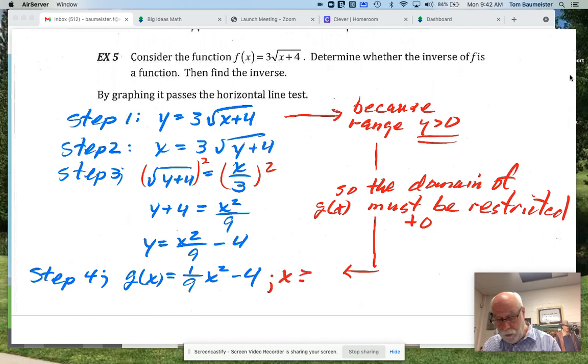So x has to be greater than or equal to 0. Because remember, this was our range, but when we did the inverse, it now became our x. And that's why it has to be our domain. All right.